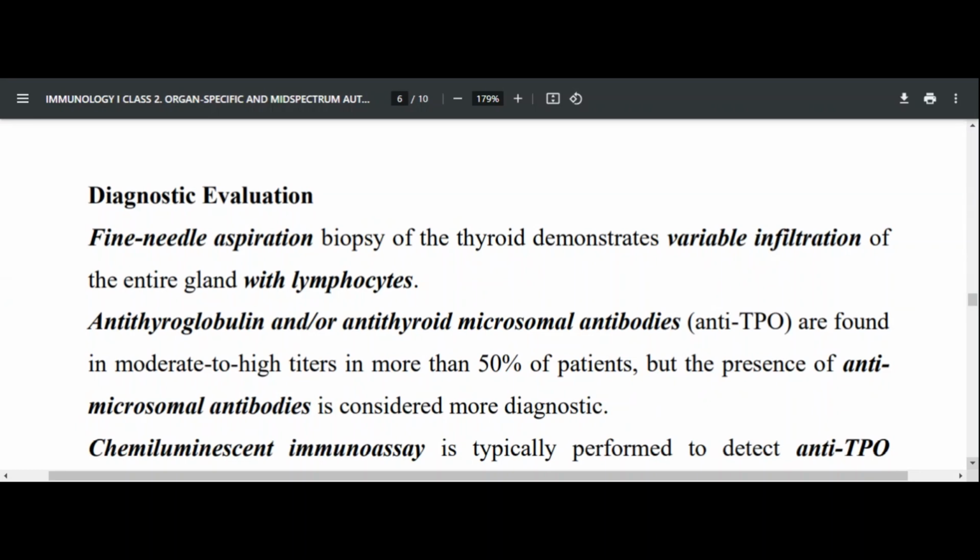To detect these can be more reliable diagnostically, whereas anti-thyroglobulin antibodies are also present, and so on.